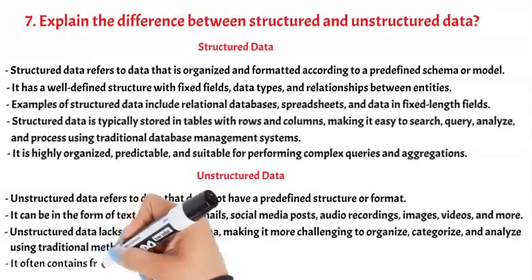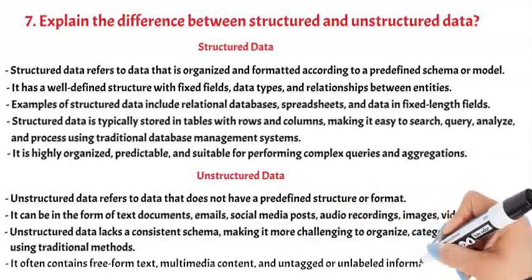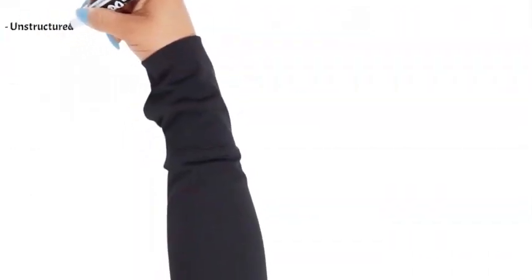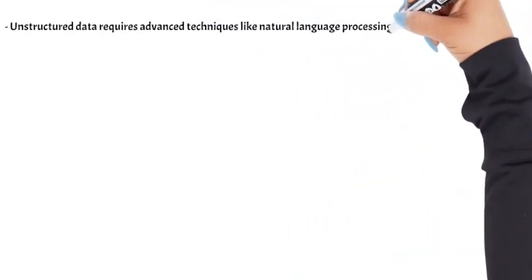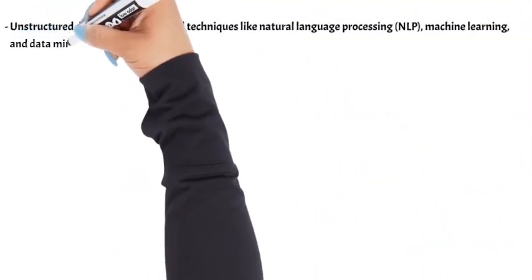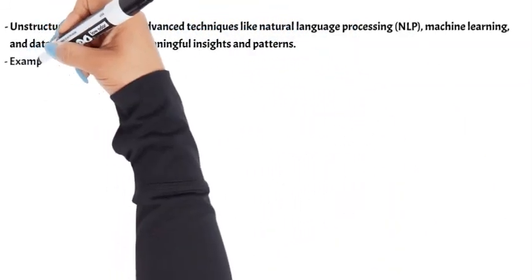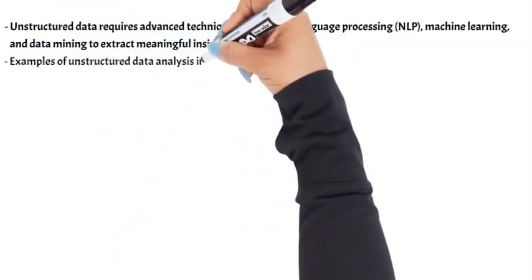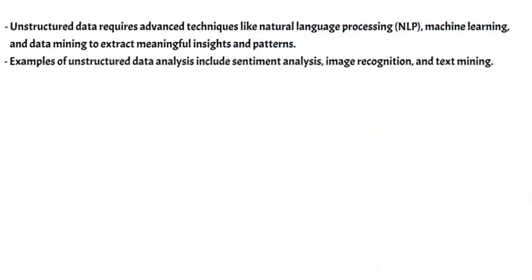It often contains free-form text, multimedia content, and untagged or unlabeled information. Unstructured data requires advanced techniques like natural language processing (NLP), machine learning, and data mining to extract meaningful insights and patterns. Examples of unstructured data analysis include sentiment analysis, image recognition, and text mining.